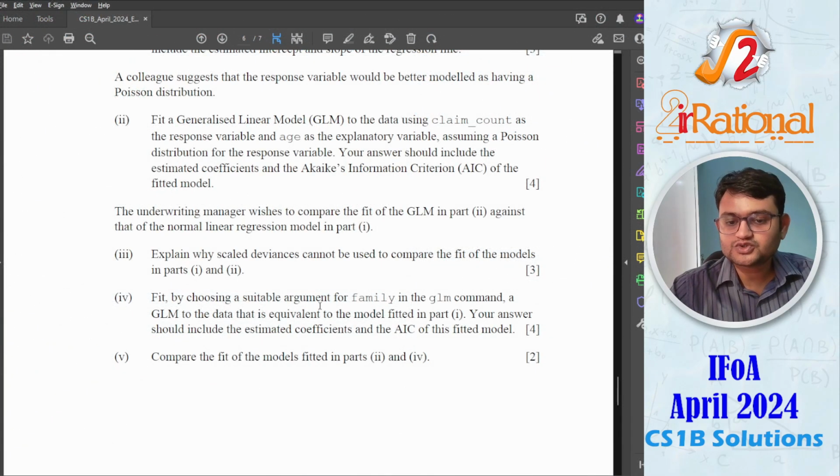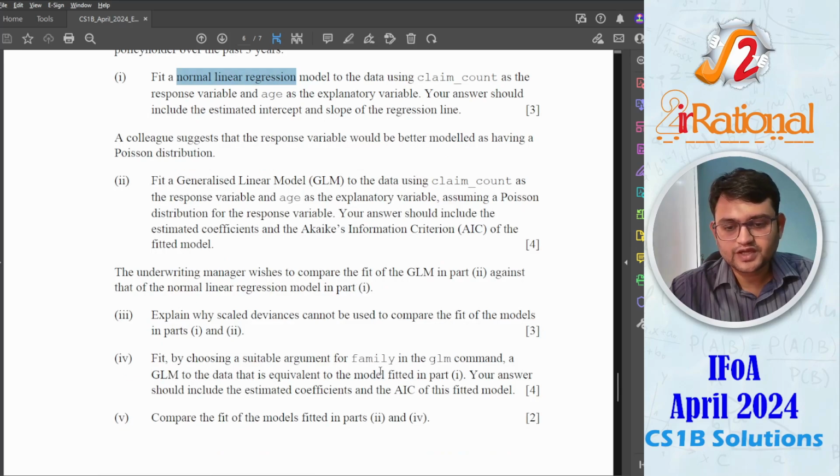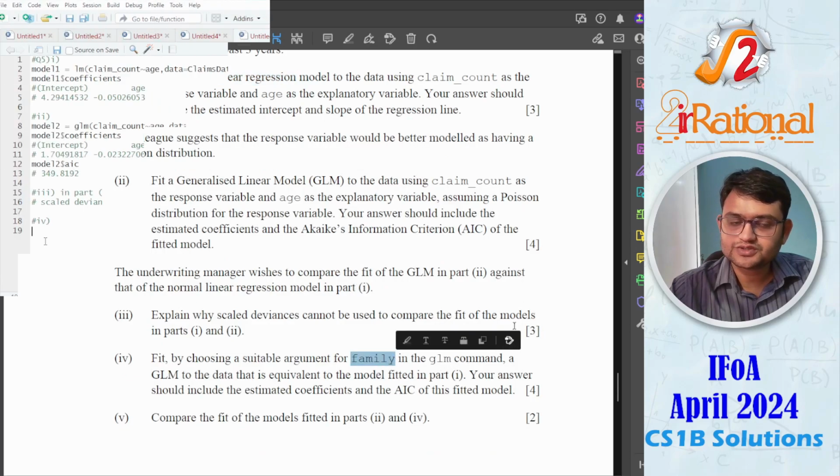Fit, by choosing a suitable argument for family in the GLM command, a GLM to the data that is equivalent to the model fitted in part 1. Your answer should include the estimates of coefficients and the AIC of the fitted model. Because in part 1 we had a normal linear regression, your family is going to be Gaussian.